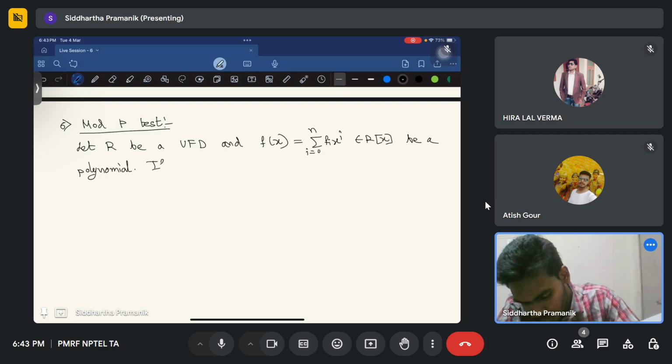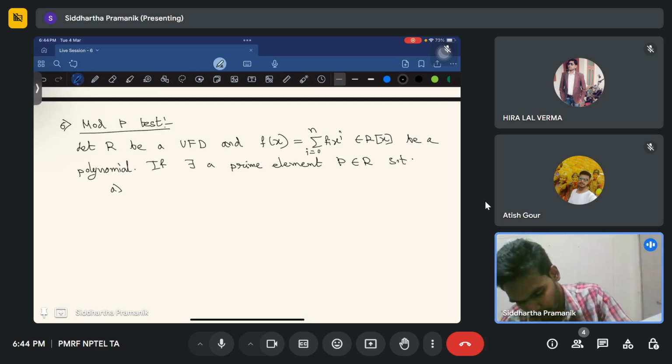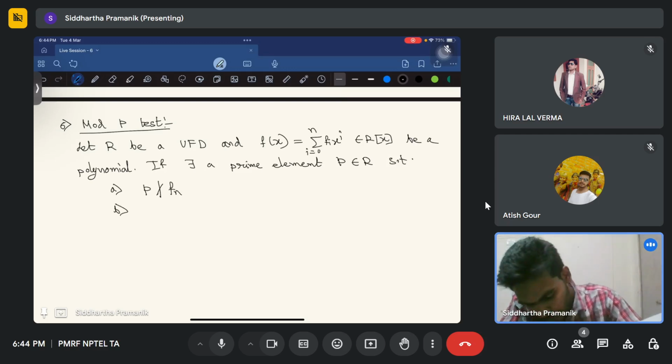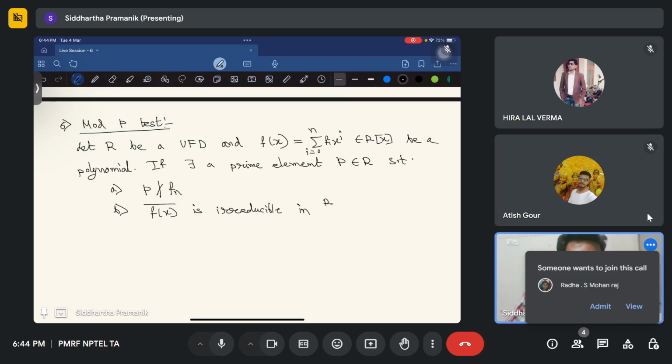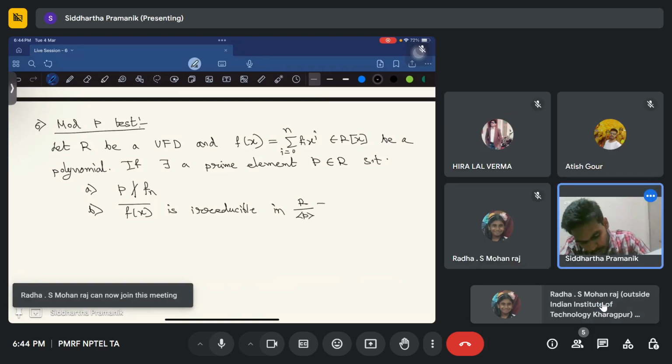Now, if there exists a prime element P in R such that two conditions hold. The first one is P should not divide the leading coefficient of f, and the second one is this polynomial f(x) bar is irreducible in R mod P of x.